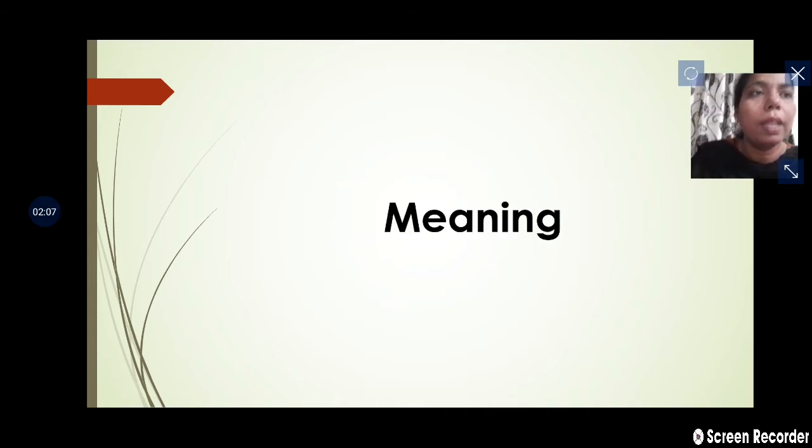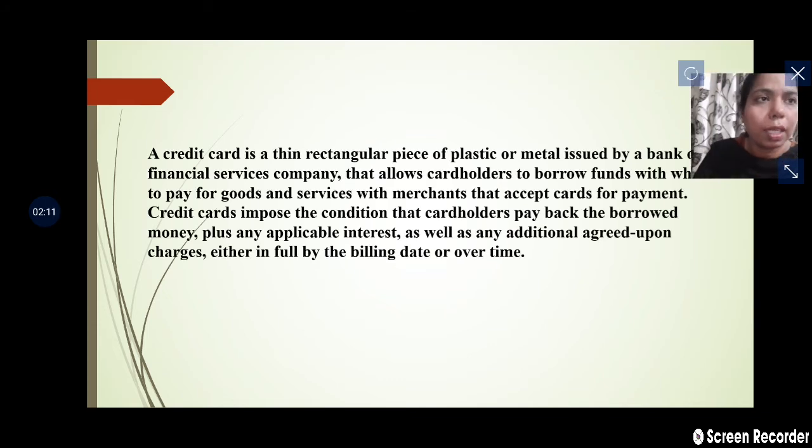So what is basically the credit card? As far as the credit card is concerned, it's just like the debit card. It's a card made with plastic. But when we are talking about the credit card, it is actually a limit which is issued to the individual.